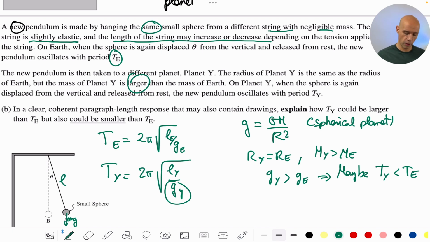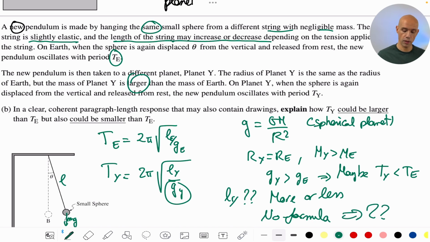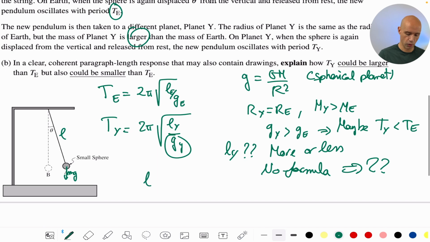But the point is that we don't know how much Ly is. We have no idea. It could be more or less, depending on the tension, but there's no formula. So we don't know the quotient Ly divided by gy compared to Le divided by ge.